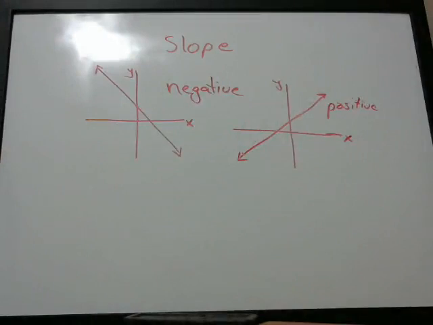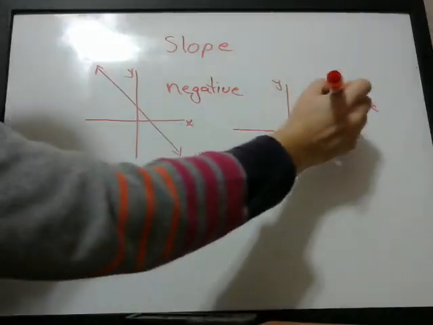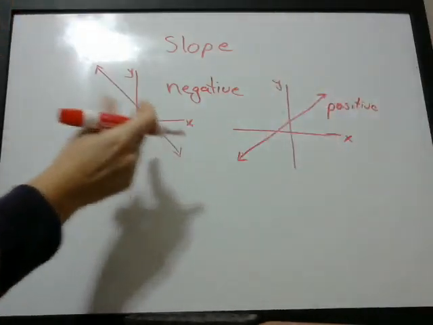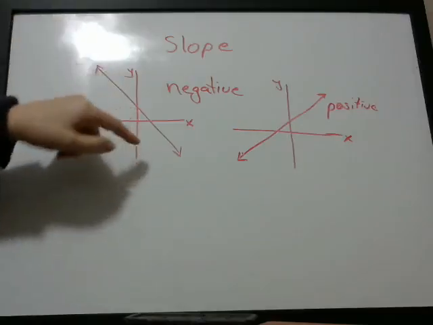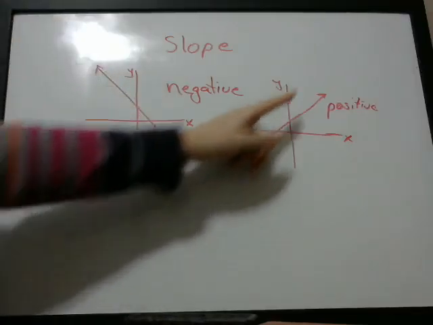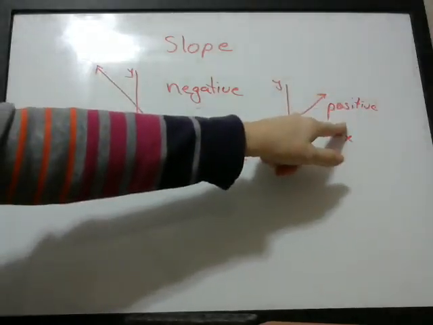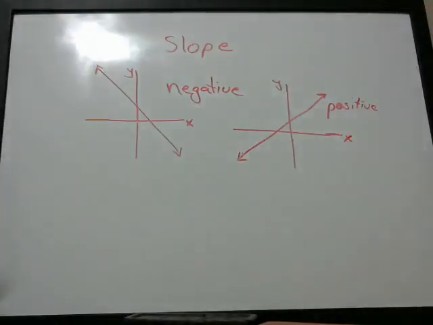So in the test, you might get a question where they're just going to show you a line and ask you, is this a positive slope, a negative slope, zero, undefined? So if it's going downhill, it's going to be negative. If it's going uphill, it's going to be positive. You can think of down as having a negative connotation, and up has a positive connotation. So that's one way that you can remember that.